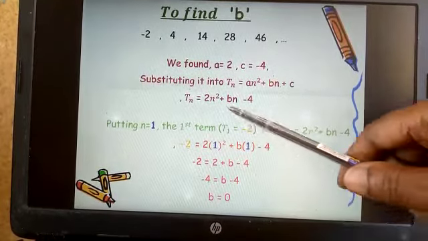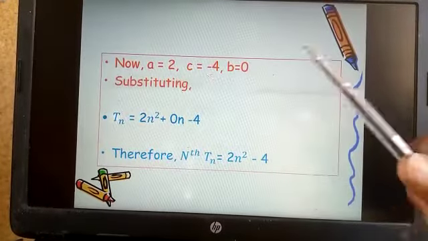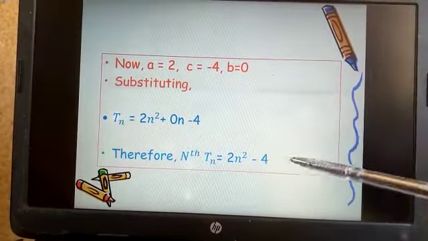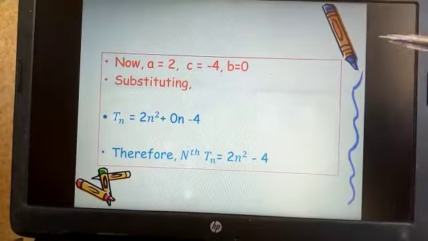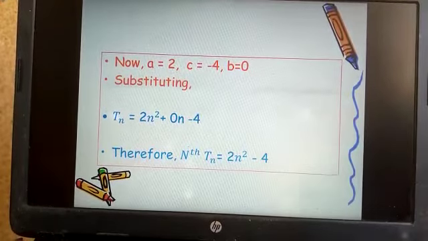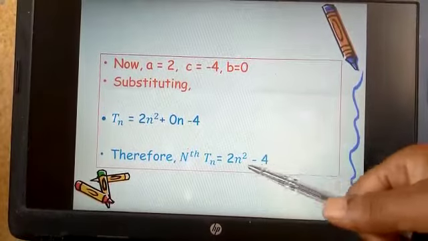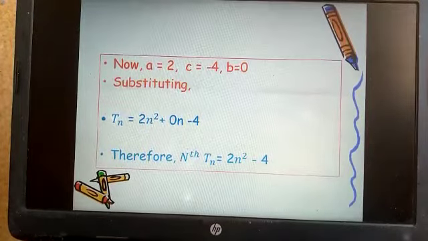When you do the substitution into the formula, you get B equal to 0. Now we have A equal to 2, C equal to -4, B equal to 0. So therefore, our n-term formula becomes Tn equals 2n squared - 4.